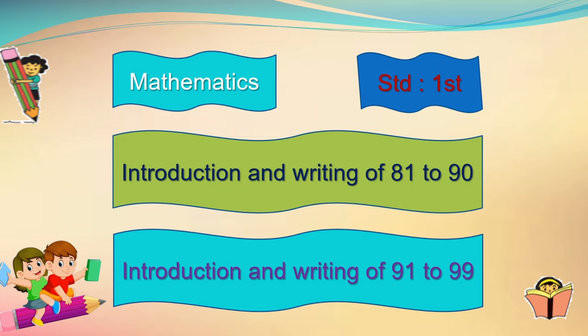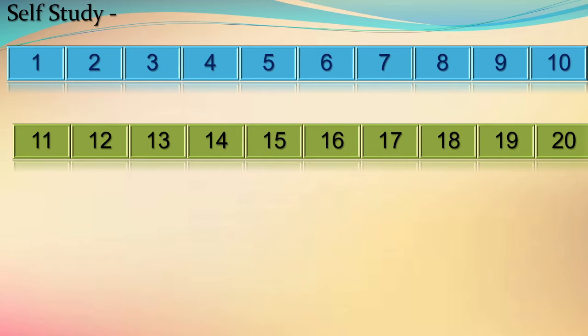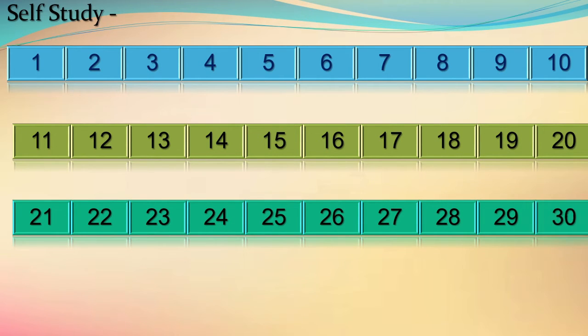See dear children, here are your friends. Let us move along with them. Before that, we will go through the numbers from 1 to 80. See here, this is the strip showing 1 to 10, 11 to 20. This is 21 to 30.